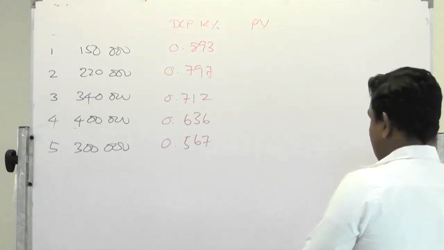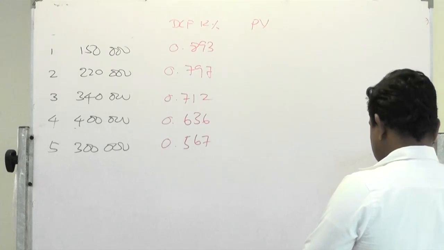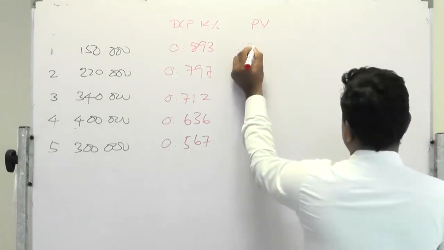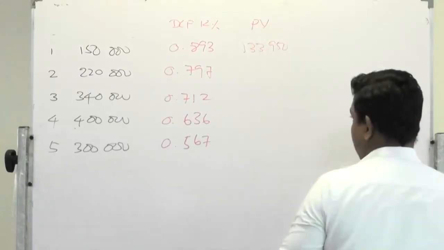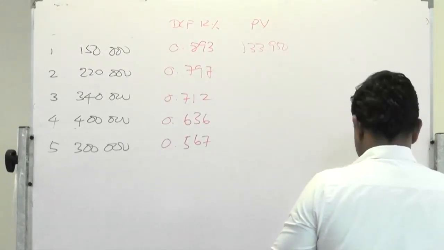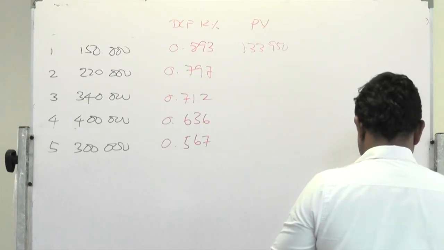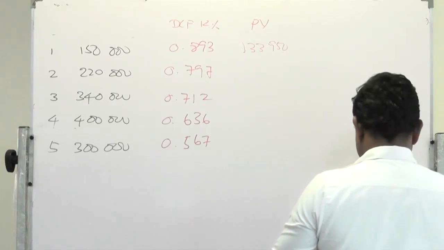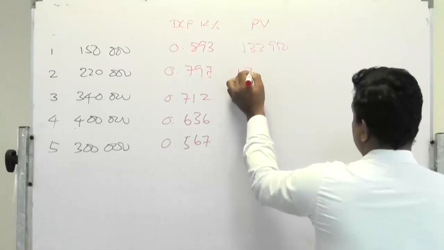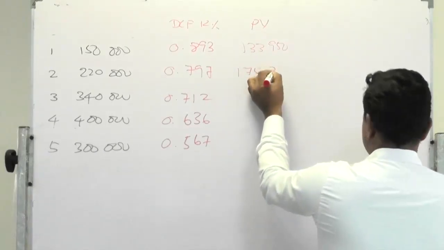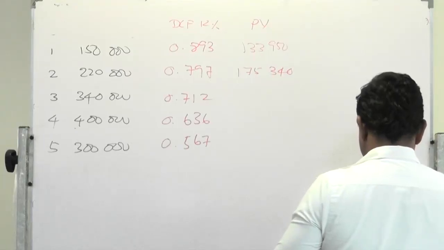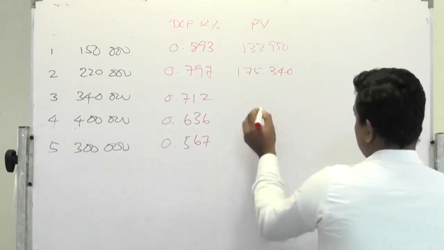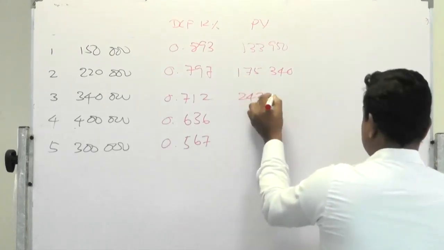150,000 into 0.893, that is 133,950. 220,000 into 0.797, that is 175,340. Then 340,000 into 0.712, that is 242,080.